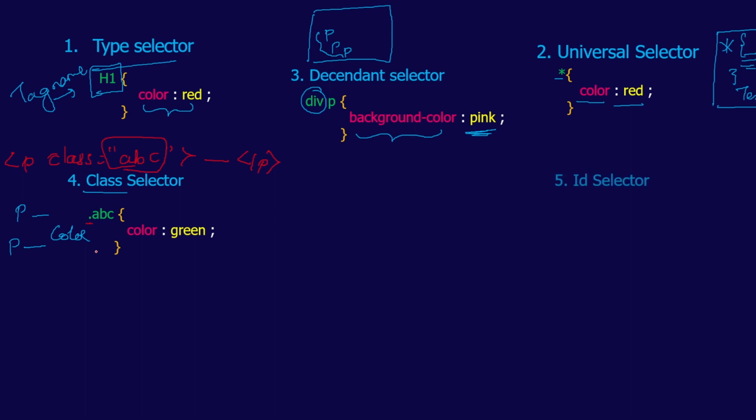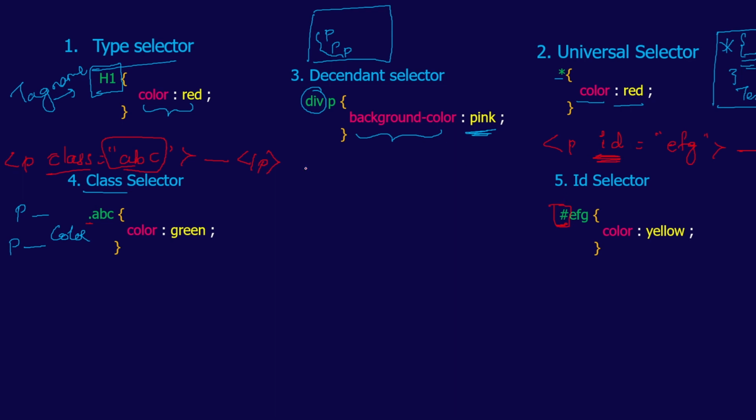In the same way, you also have one more selector that is called the ID selector. Just as you have written class here, if you're using ID, you need to write id. I'll write EFG, write the paragraph, and close it. And when you use your ID selector, you need to specify it with a hash.